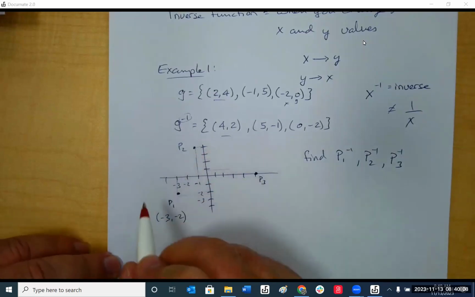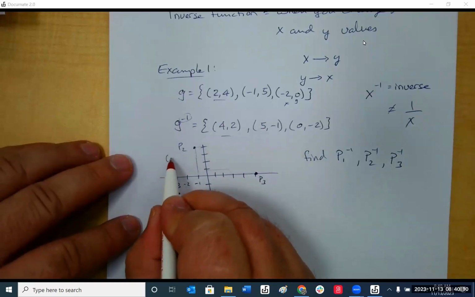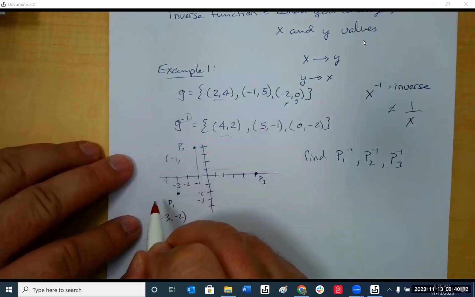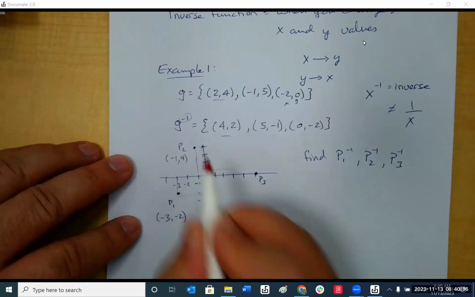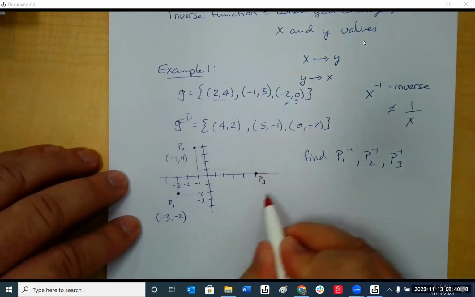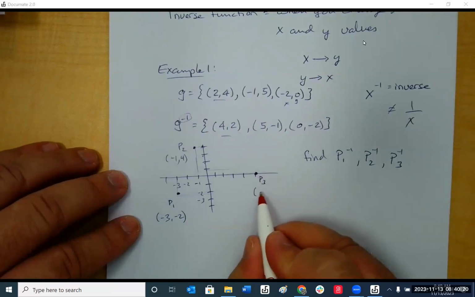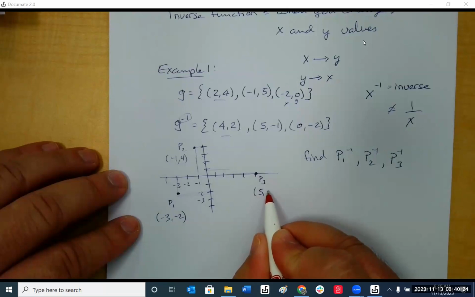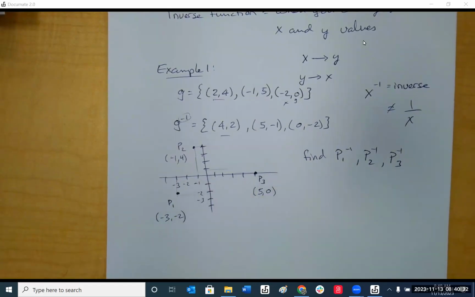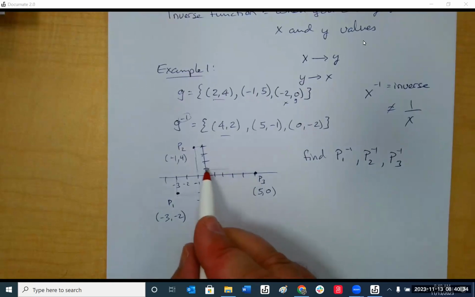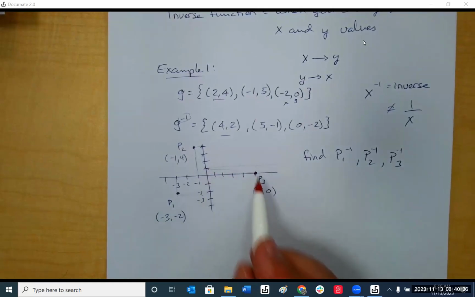What's point 2? And then point 3? Just on the x-axis. That line's there, but that point is there.